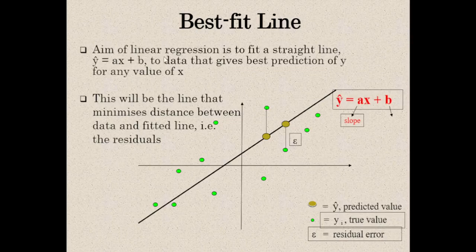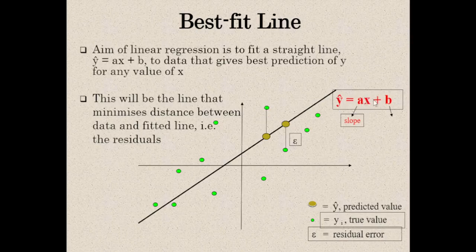So you know that the equation of a straight line is y equal to ax plus b, where a is the slope and b is the intercept value. Now here a and b are the arbitrary constants, x and y are the variables.